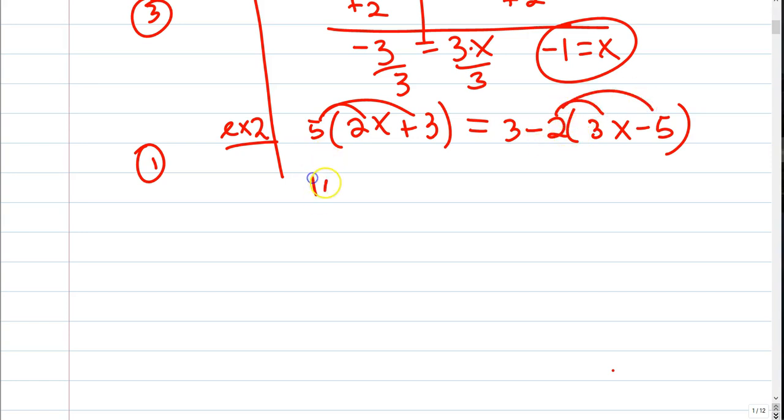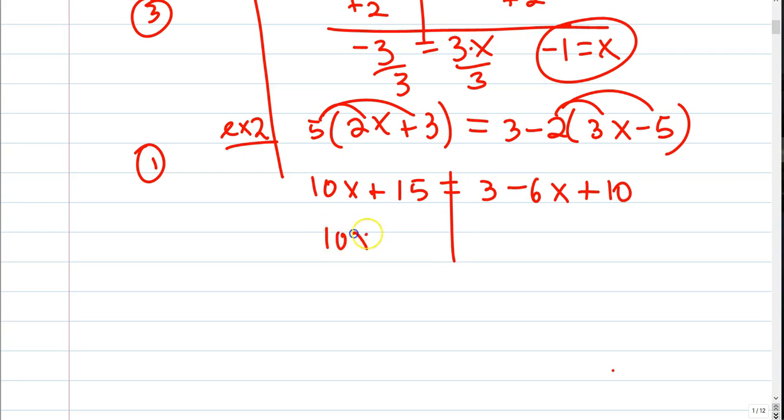So this becomes, looks like 10x plus 15 is equal to 3 minus 2 times 3, or minus 6x, minus 2 times negative 5. How about positive 10? We are not done simplifying. On the right side, we have 2 like terms. So we have 10x plus 15. We have negative 6x, and 3 and 10 make 13.